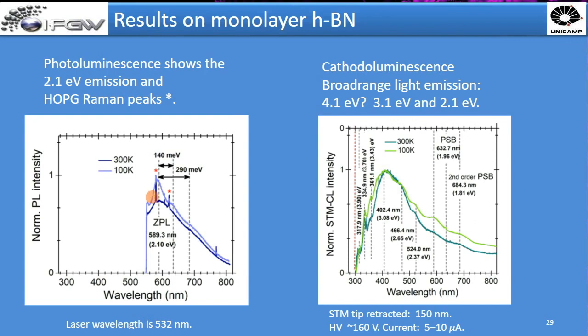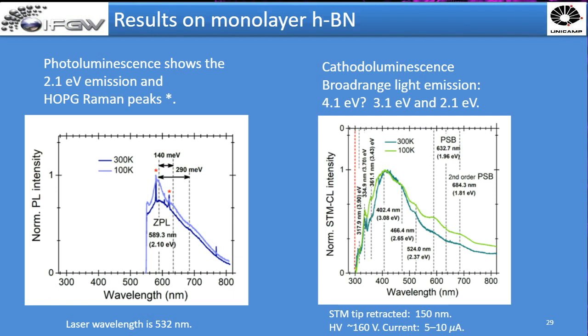So doing photoluminescence, that's what was observed, this spectrum here, at room temperature and at liquid nitrogen temperatures. And we see some Raman peaks linked to the HOPG and this luminescence spectra, that is also associated to carbon defects close to 2.1 electron volts.